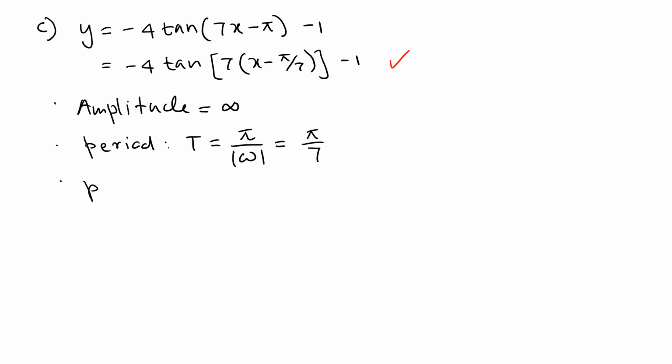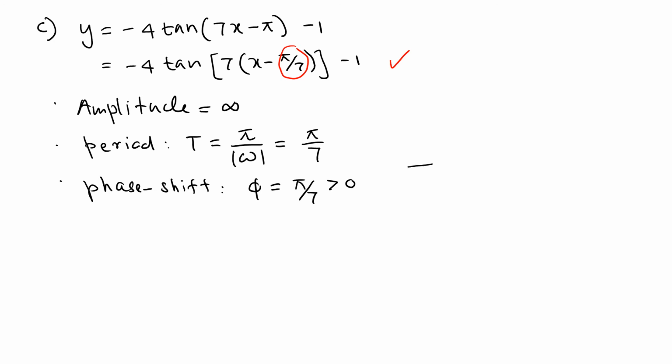And the phase shift is phi equals pi over 7, which is positive, because there's a negative sign. That is the phase shift if you ignore the negative sign.